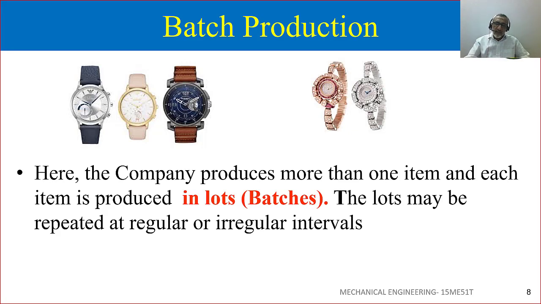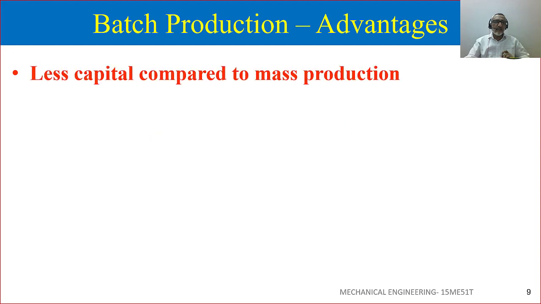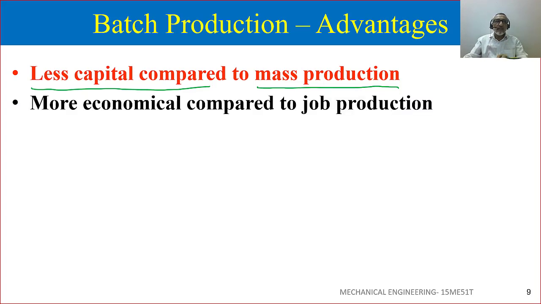Let us discuss the advantages of batch production. The capital required is more compared to job production, but less capital is required compared to mass production. Mass production requires very huge capital. Comparatively, batch production requires less investment in terms of capital.